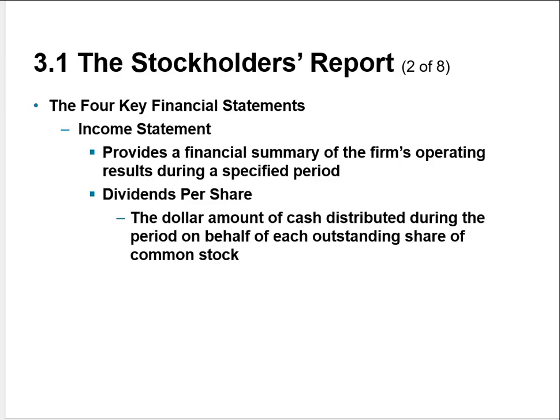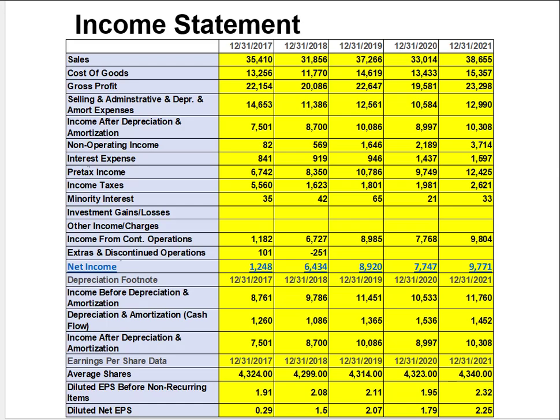So the first of the four key financial statements is the income statement. I'm sure everybody's aware of it. Eventually, we want to get down and talk about dividends per share. We'll actually have a whole set of videos talking about how companies and management determine what dividend policy should be. Now, this particular financial statement came from a website called Zacks.com, www.zacks.com.